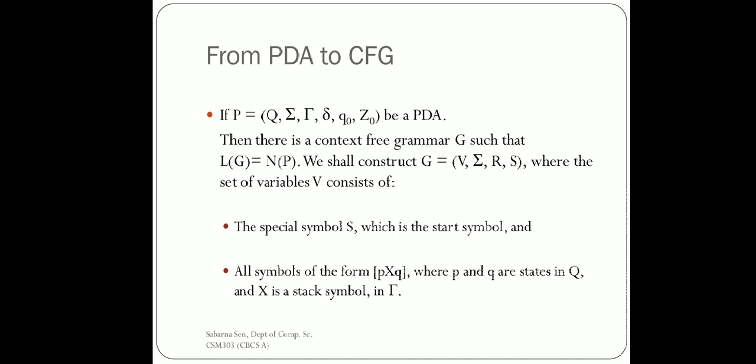So how can we construct the grammar? Here the special symbol is the start symbol, and all the symbols of the form [P, X, Q], where P and Q are states in Q and X is a stack symbol in gamma. So these two approaches we have to follow. We will see an example and the concept will be much clearer to you, right? Okay, so just see the rules first.